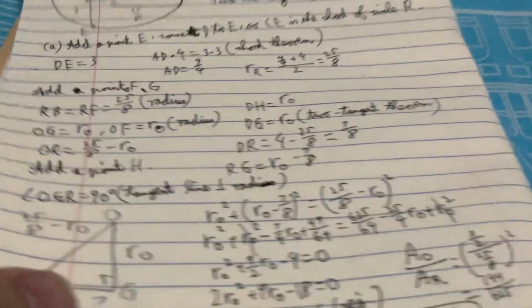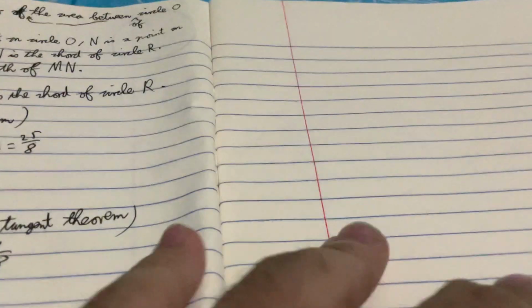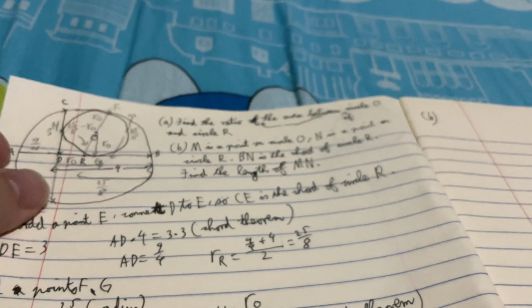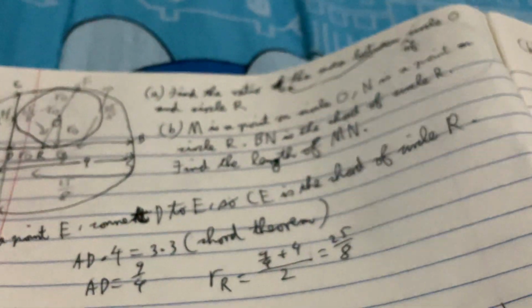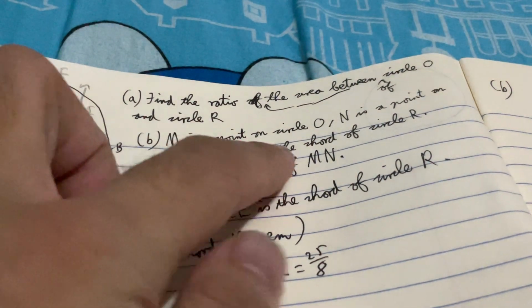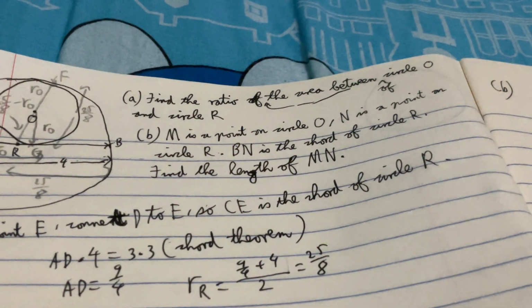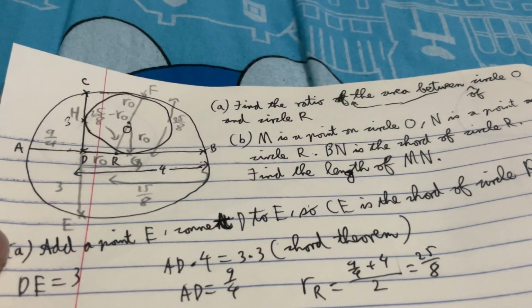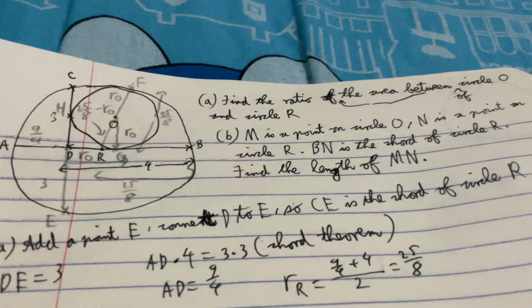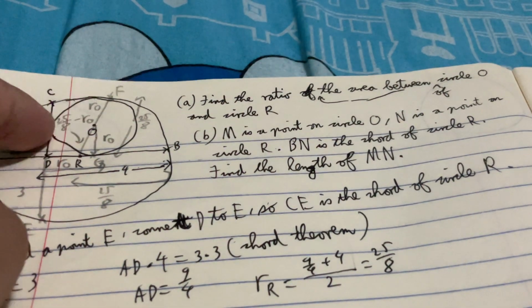So I'm going to do the second part here, the B part. M is a point on circle O. So this is a point on circle O. I don't know where it is, so this is a random point.